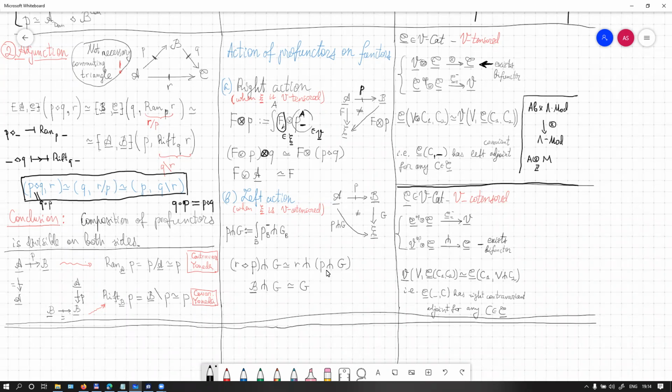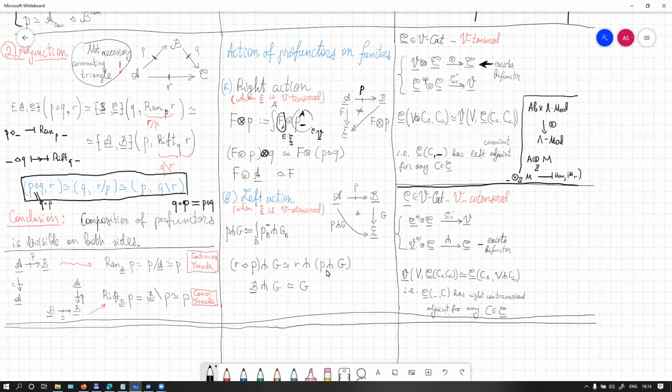And this will be adjoint. So this blank tensor_Z M will be adjoint to hom_Lambda(M, blank). You can check this yourself. This is the usual tensor-hom adjunction.